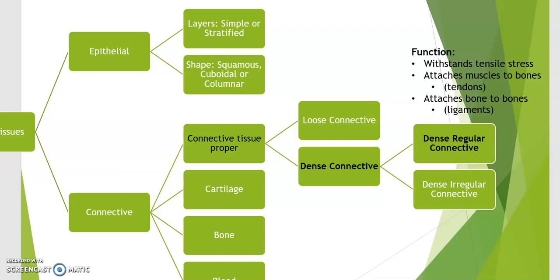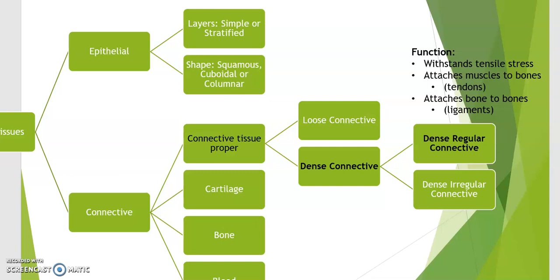And so we are going to be studying regular, dense, connective tissue proper right now. And along with withstanding that tensile strength that it's so well designed for, this regular connective tissue also attaches muscles to bones and tendons.